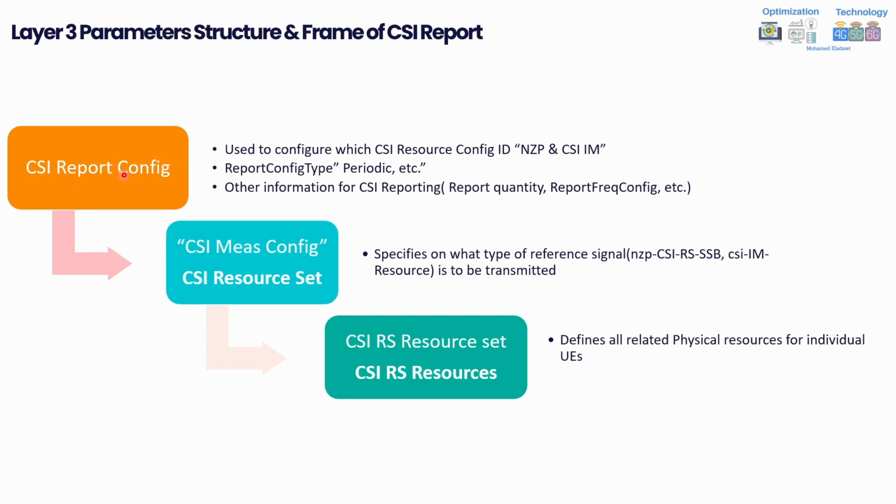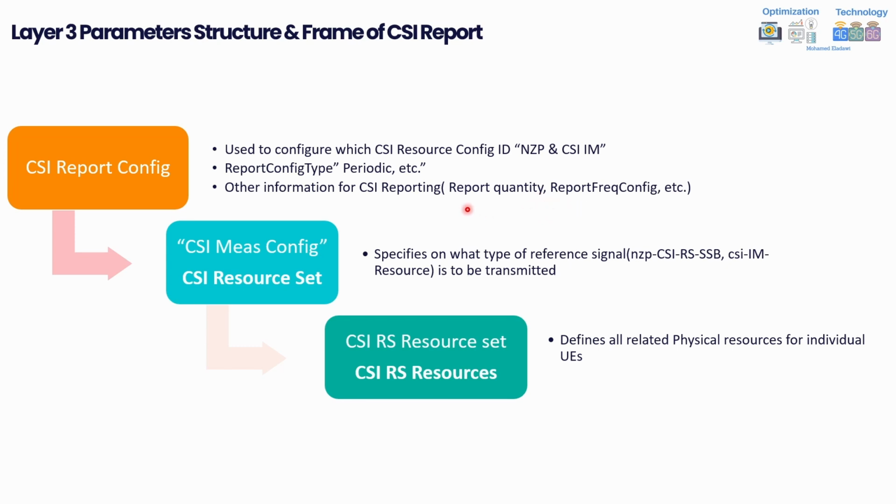Then also within this part, it will have other information regarding the report configuration type, whether it's periodic or aperiodic, for example, or semi-persistent. Also there is much more additional information relating to the channel state information reporting. For example, the report quantity, whether it's required for CQI, PMI, RI, and so on.